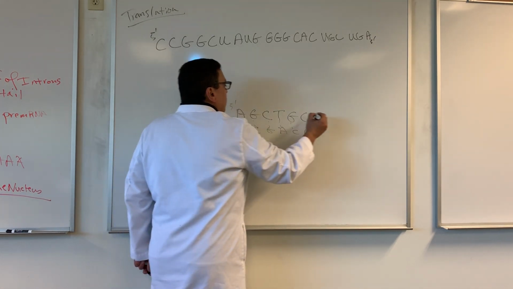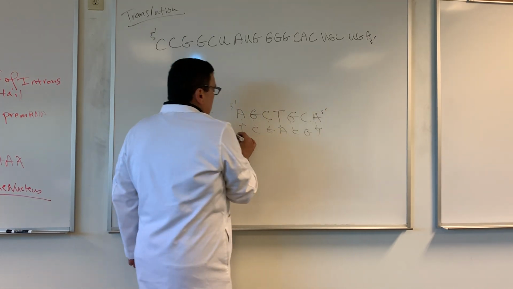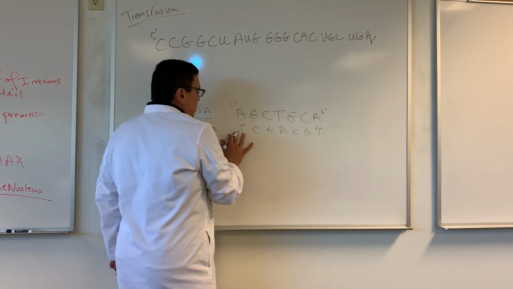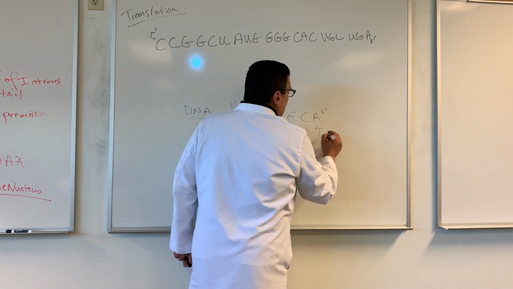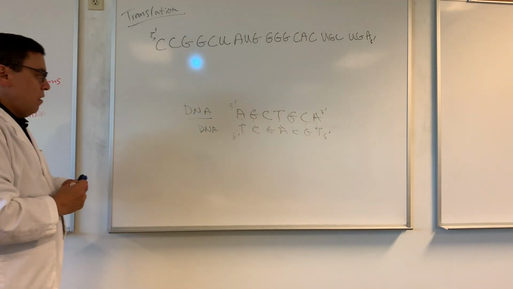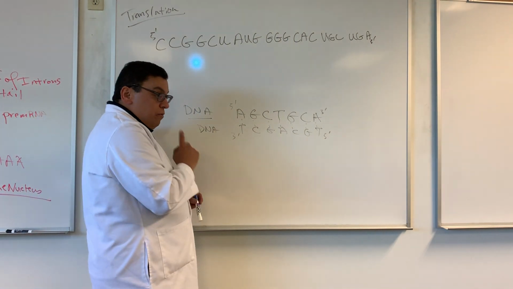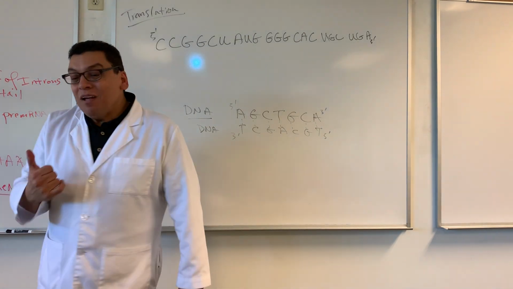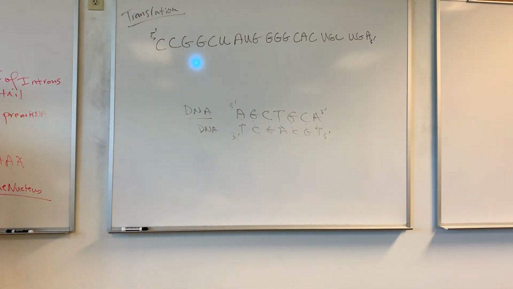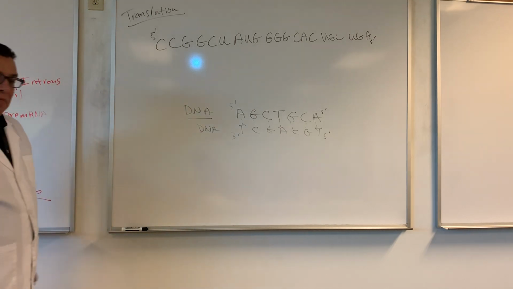This is 5 prime. This is 3 prime. This is 5 prime, sorry, 3 prime, thank you. This is 5 prime. We talked about this before. The question is, which one of the 2 strands will RNA polymerase, this guy, the party animal guy, gonna copy?